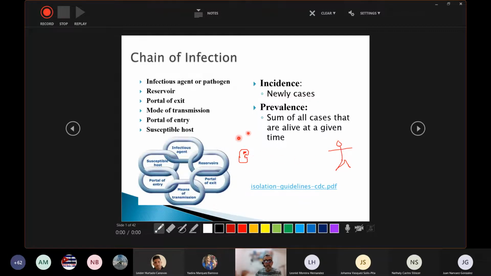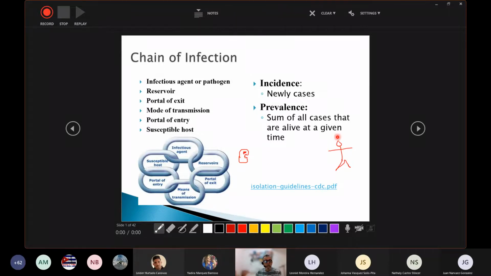So the first link of the chain is the infectious agent. The first element necessary to have an infection is the infectious agent. And the last link is the human that can catch the infection.